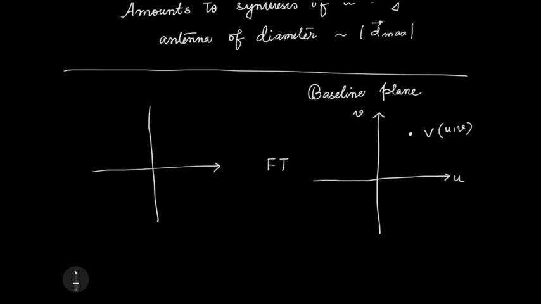So these two planes are Fourier transform related. And this is my sky plane where L and M vary, and I have my intensity at every point defined in terms of L and M. So how many points should I measure here such that I can reconstruct the intensity by doing an inverse Fourier transform?